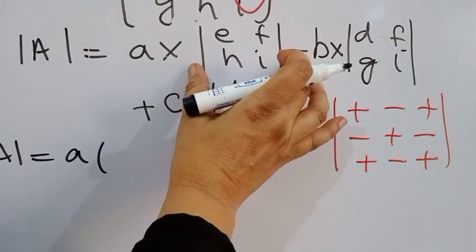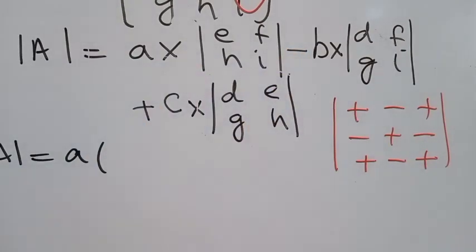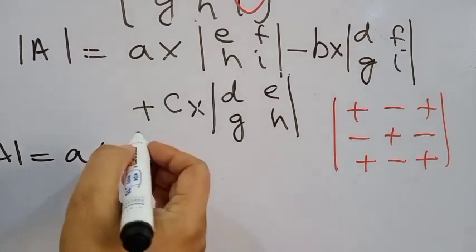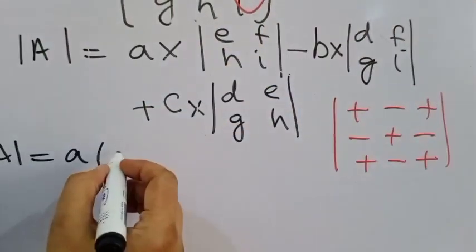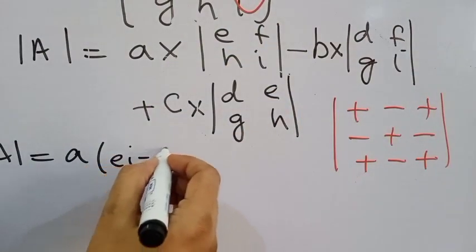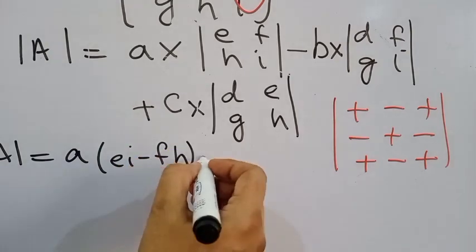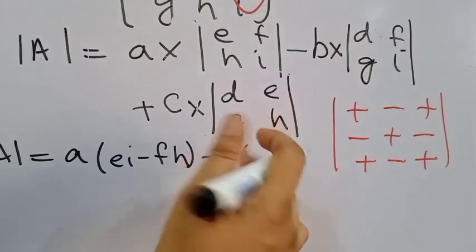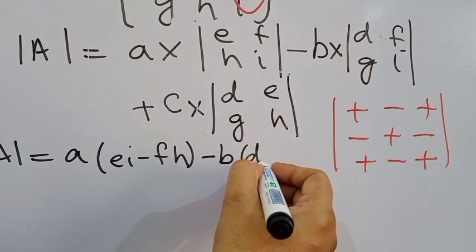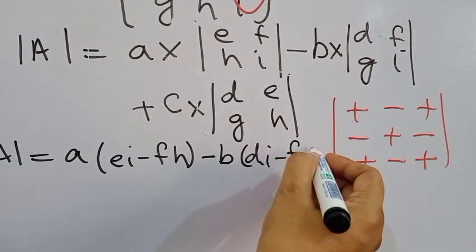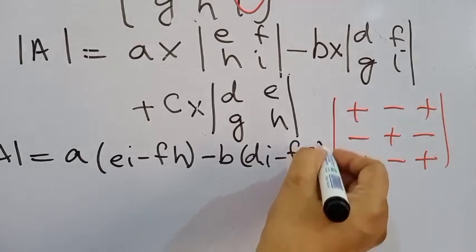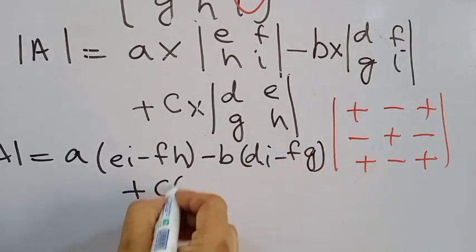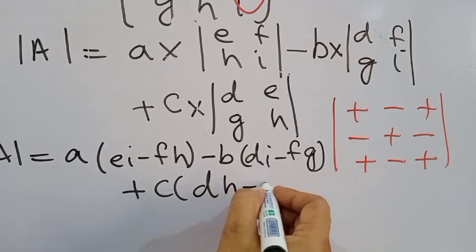We solve this by using the formula of the determinant of a 2 cross 2 matrix: e multiplied by i, ei minus fh, minus b, d multiplied by i, di minus fg, plus c multiplied by dh minus eg.